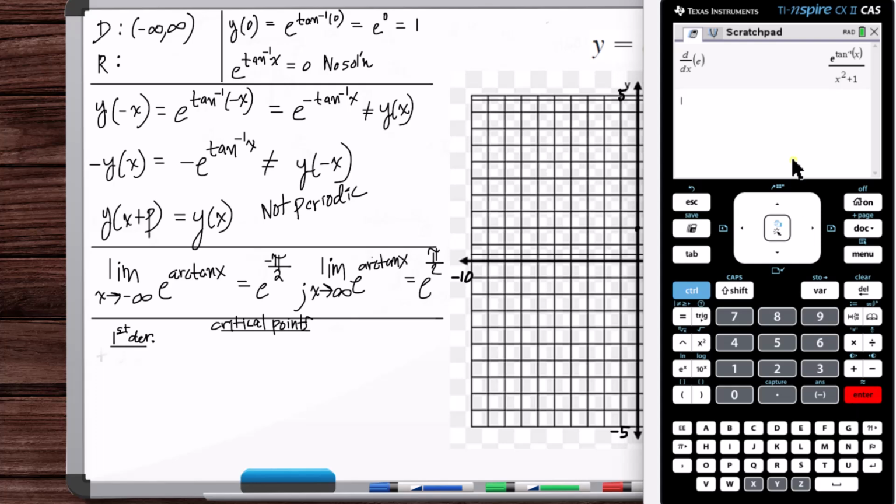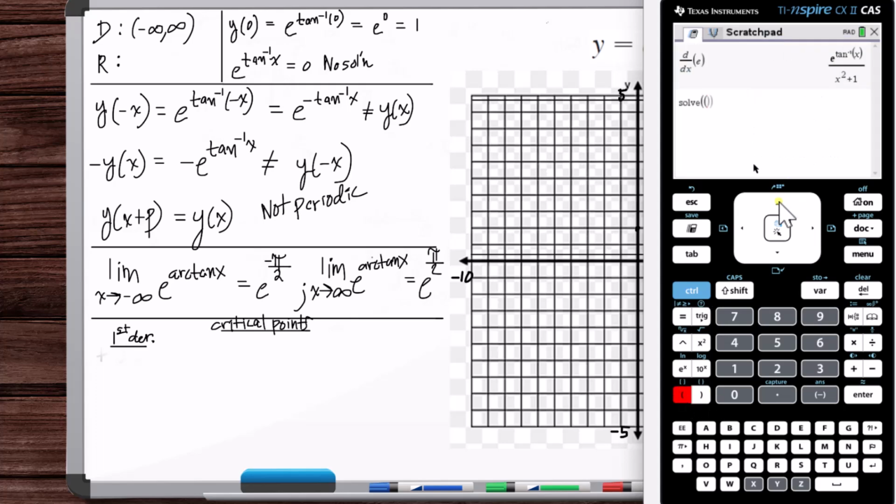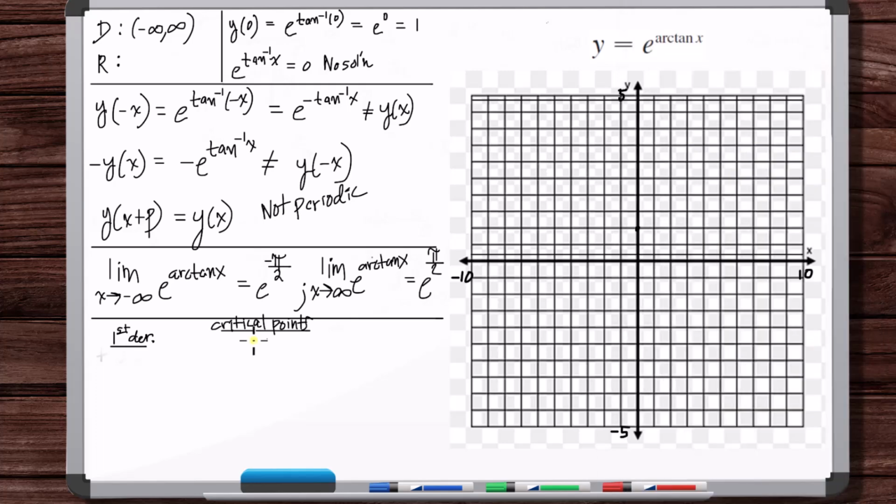Okay, so there's nowhere where this doesn't exist, but what about where this is equal to 0? There's nowhere where this equals 0 either, so none.